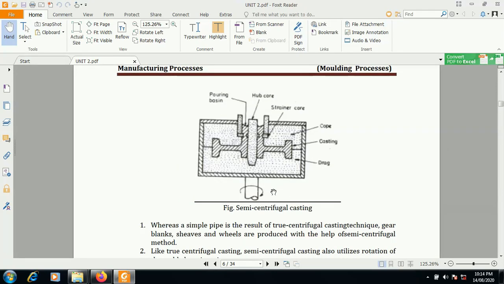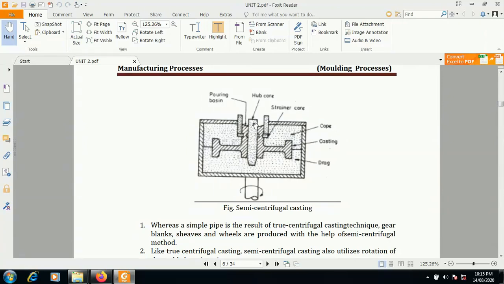Now in this figure you can see the cut section of the semi-centrifugal casting process. Here also the mold is rotated about the axis of rotation. Here a hub core is placed at the center. You have seen the alloy wheel of a two-wheeler has a hole at the center, and that hole is prepared by using this hub core, and this is the pouring basin.